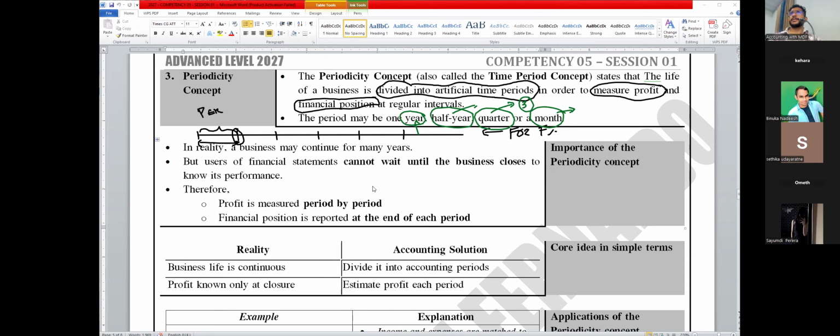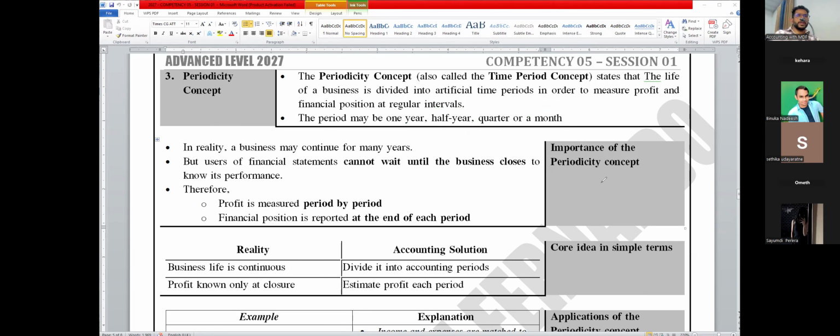Let me explain the importance of the periodicity concept. What is the importance of the periodicity concept? In reality, a business may continue for many years. None of the owners have an intention to close down any business once it is started.